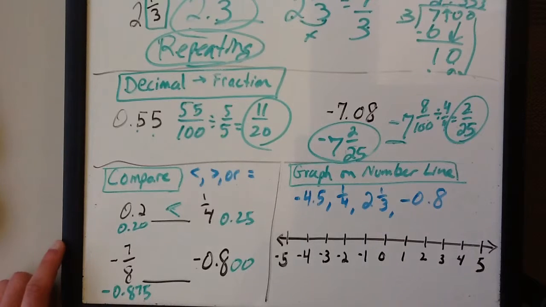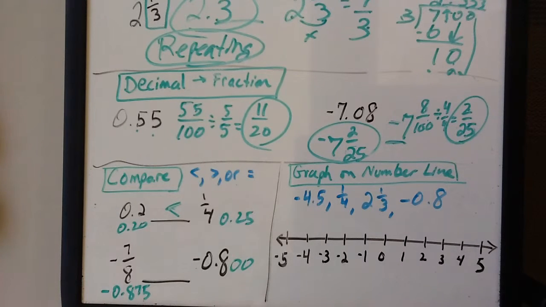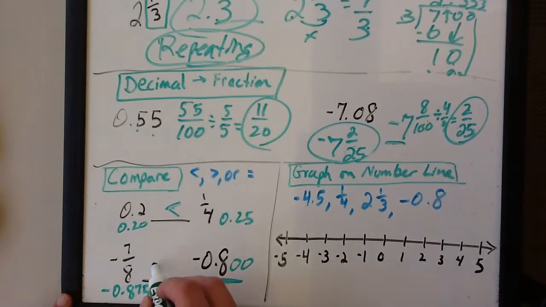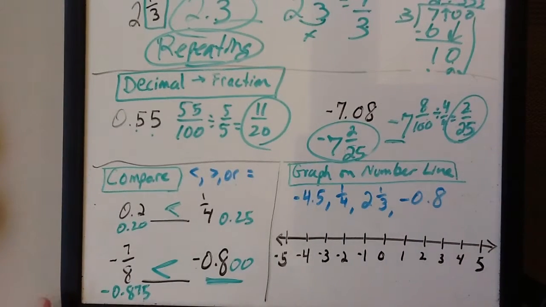Now, since they're both negative, I'm looking for which one is closest to 0, because the one closest to 0 will be further to the right on the number line for negative numbers, and so the one that's greater, or furthest to the right on the number line, would be negative 8/10. So negative 7/8 is less than negative 8/10.